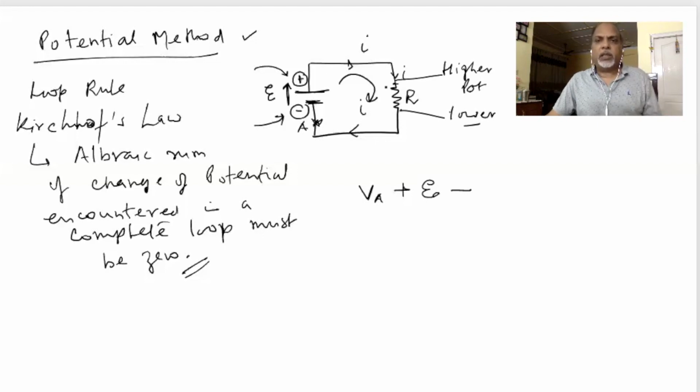If you take the loop direction and I and R in the same direction, take this as a minus, because there will always be a voltage drop across these resistances. Correct?